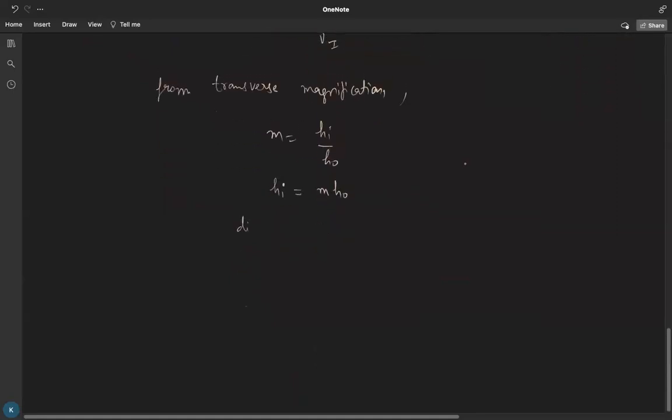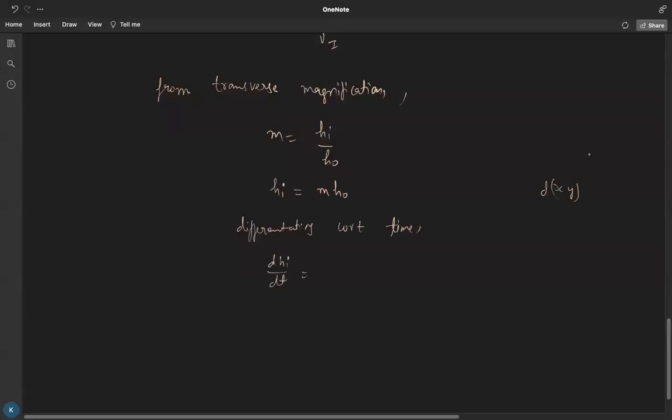The only things in the y direction are the height of the object or the image. So I'm going to differentiate with respect to time, and you get dhi by dt. Since this is of the form xy, we have to apply the product rule.